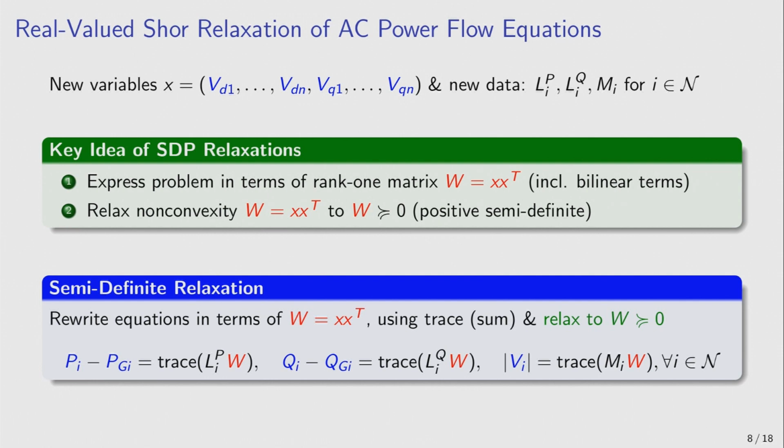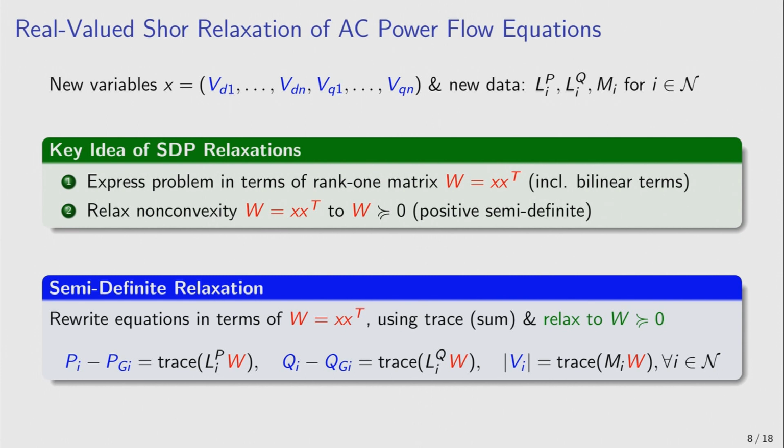And then you will be left with one non-convexity, which will be this equation here, which is still these bilinear terms. But you can relax that by observing that rank 1 matrices are positive semi-definite. And so you relax this equation to this inequality here, that W is positive semi-definite, and you throw away the x variables.